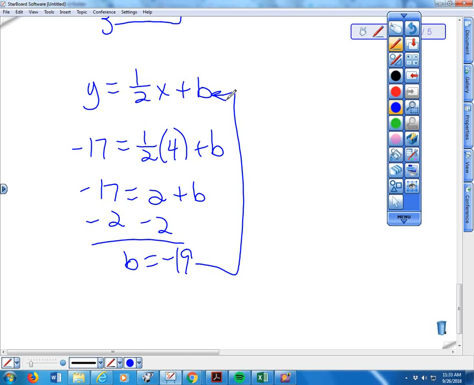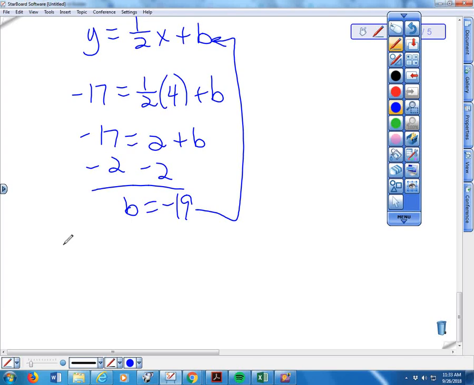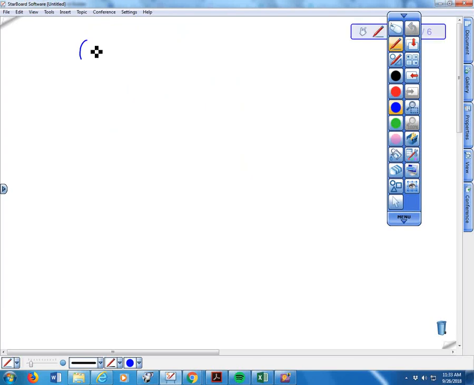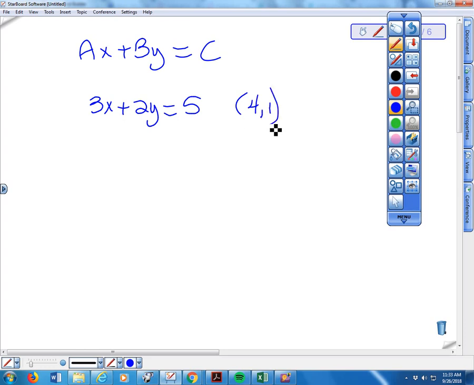Number 4, write the standard form. Well, standard form is ax plus by equals c. And it passes through the point (4, 1), and it's parallel to this line, and it goes through the point (4, 1). Okay? What's the fastest way for me to find slope if it's given to me in standard form?